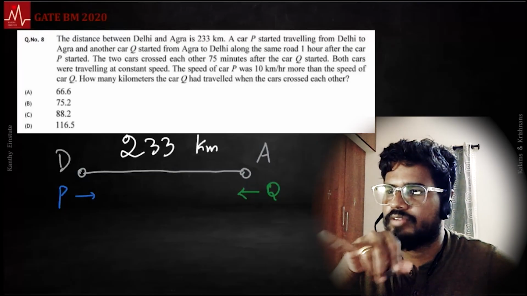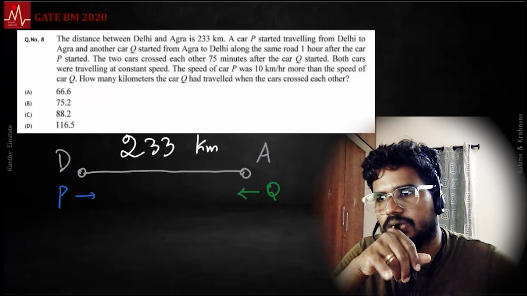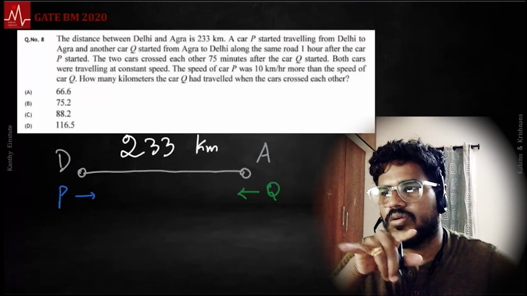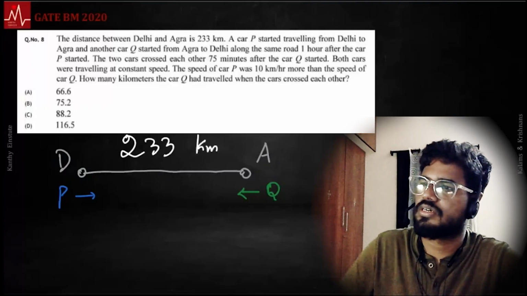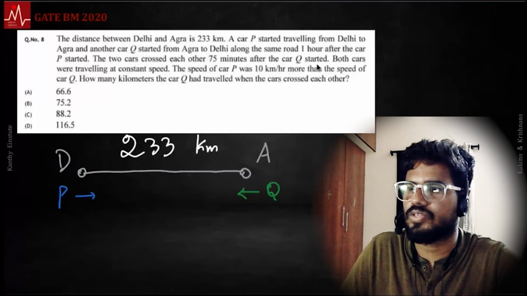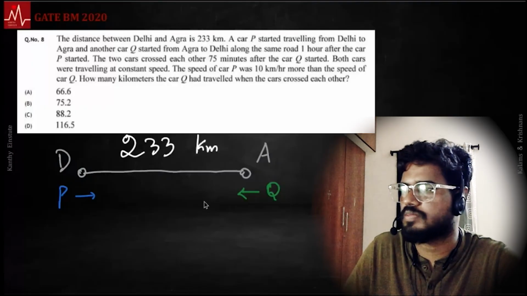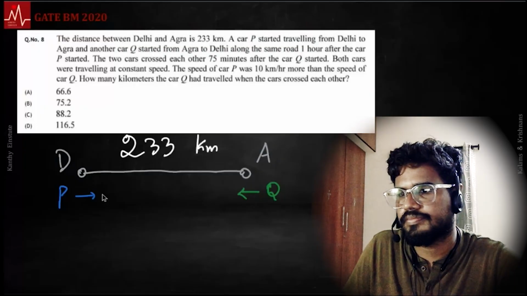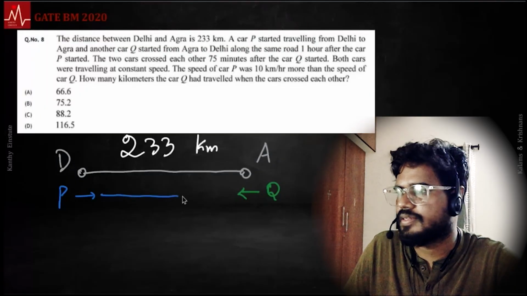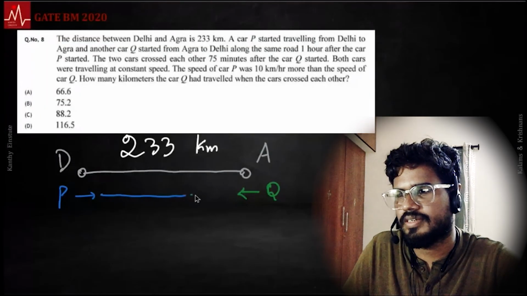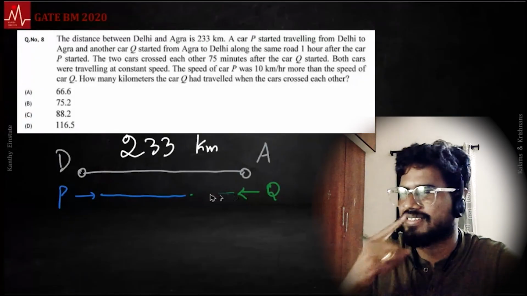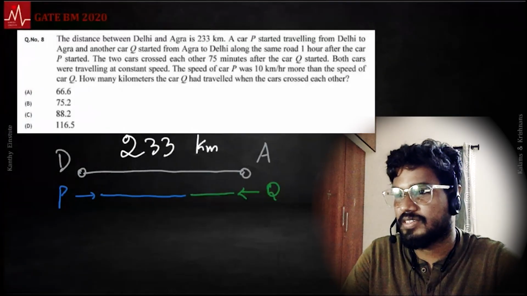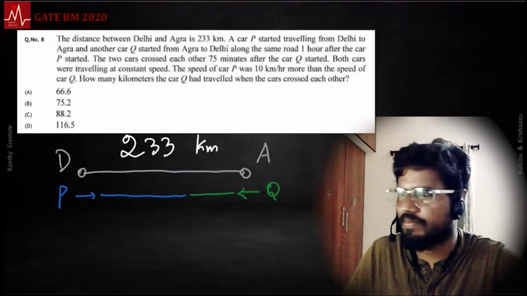Both along the same road, 1 hour after car P started. The two cars crossed each other 75 minutes after car Q started. So the two cars meet. P started earlier, Q started late. Of course, the speed matters. Car P is 10% faster, so it has traveled for the distance.